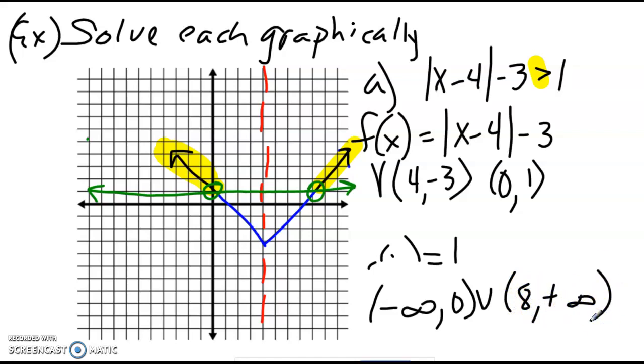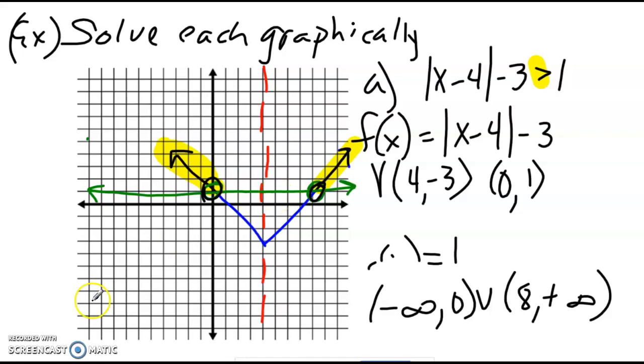So on the left, our x values that are above 1 are from negative infinity to 0, the x value of 0 right here. And then the values on the right that are above 1 start at 8 and go to positive infinity. And we wouldn't use a bracket because we don't have an equal sign in our inequality. So that's how we would state that answer.